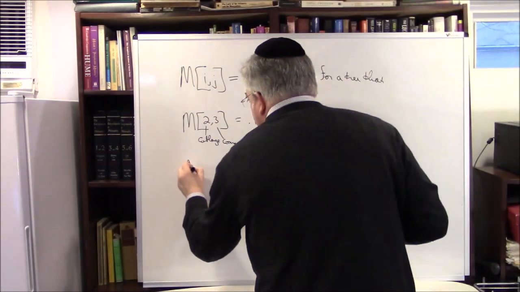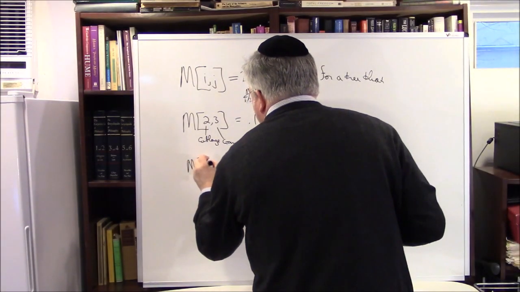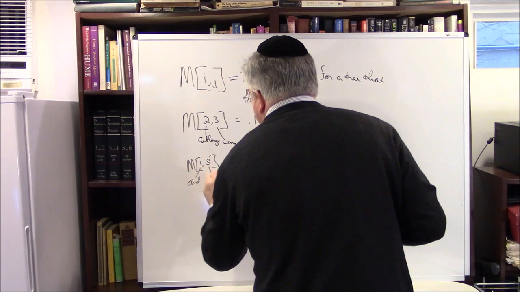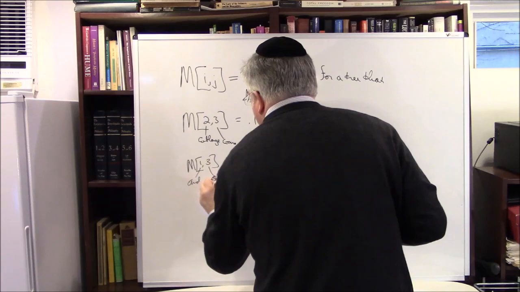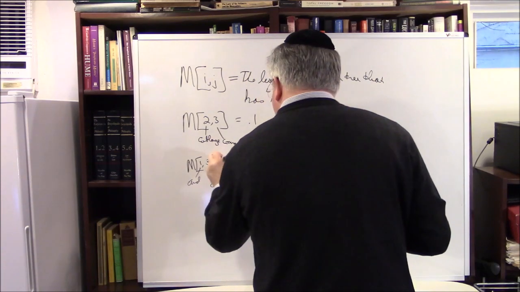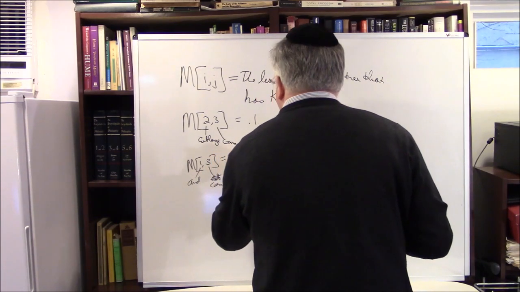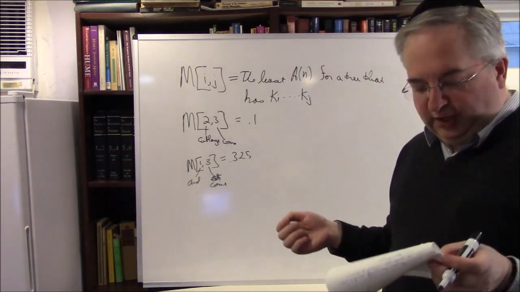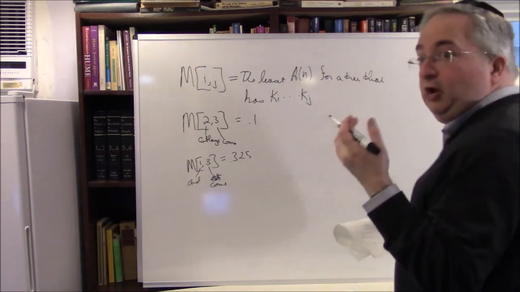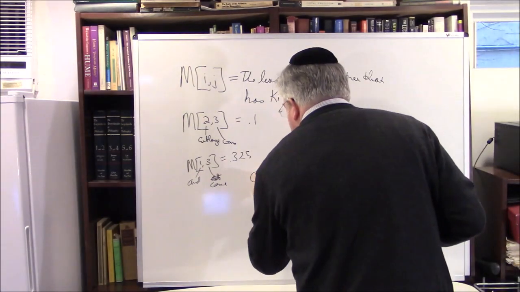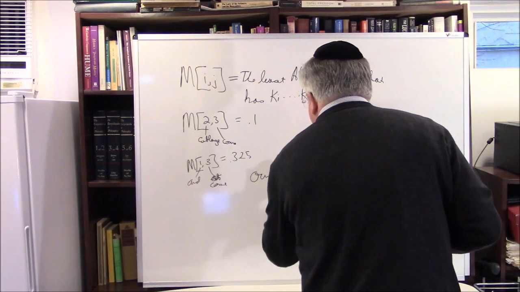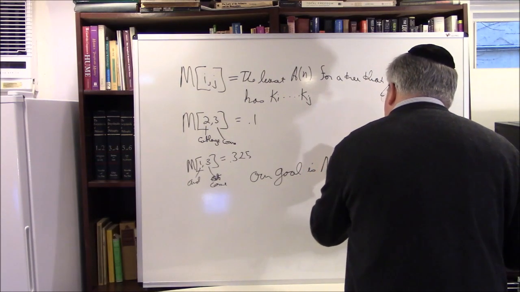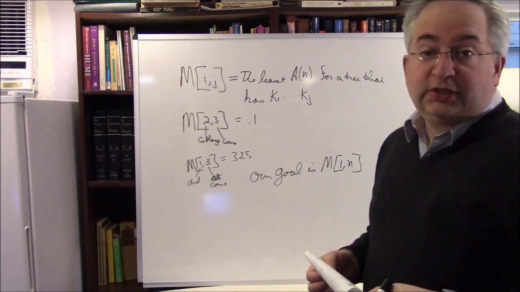Okay, and we also saw that M1,3, that's from the word and to the word cabbage, to the word com, is 0.325. Okay, so we already calculated that, but we're going to do it in a more general setting. Okay, and what's our goal in life? Our goal is to calculate M1,n. You're given n words and you want to do it.